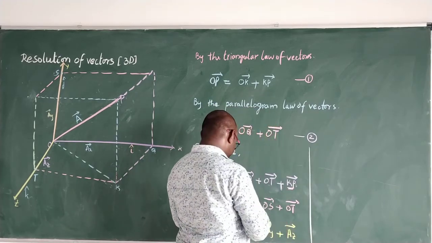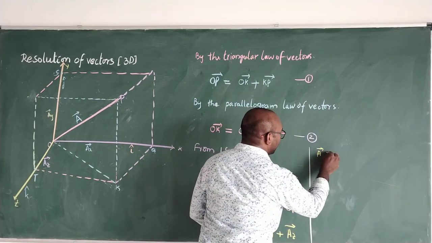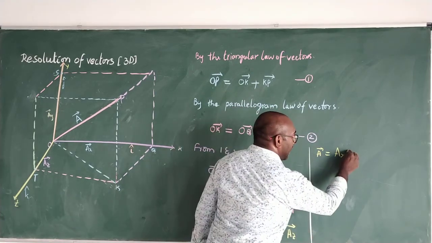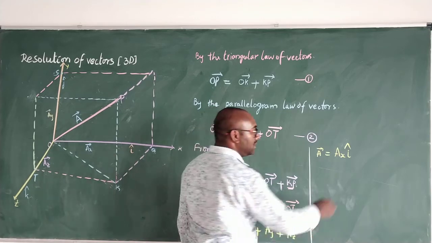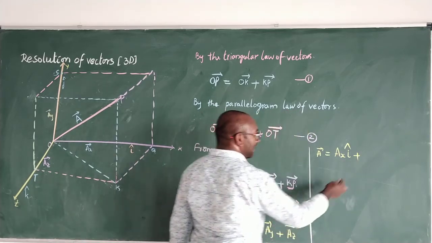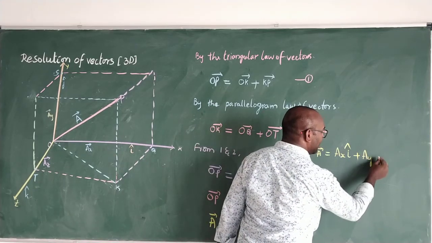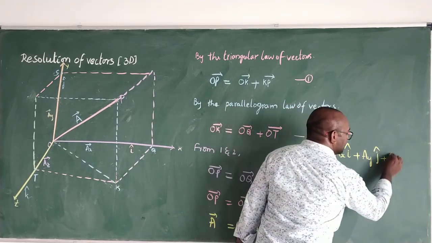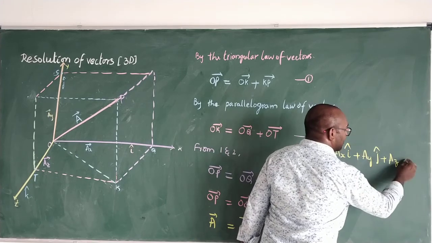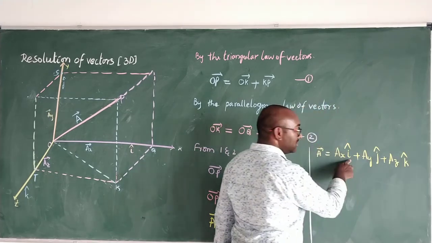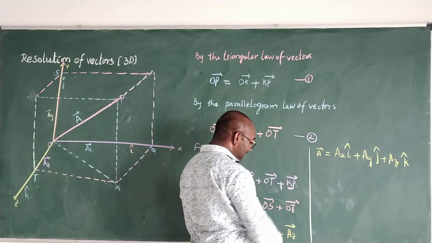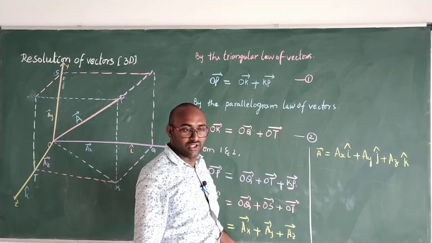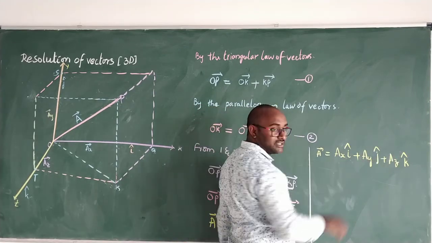So A vector is equal to the magnitude of the AX vector, which is AX, in X direction, into the letter I cap, plus AY, in Y direction, that is J cap, plus AZ, in K cap. That means its magnitude is 1. 1 into AX again I will get AX only. So there is no change in the given vector. That's what I am mentioning as the unit vectors.